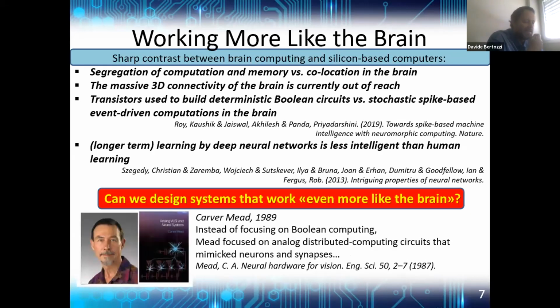Overall, we can now understand the dream of neuromorphic engineers, beginning from the pioneering work of Carver Mead in 1989. And the dream is to design systems that work even more like the brain, that is neuromorphic hardware. And this is done in order to grasp and capitalize on the secrets of the energy efficiency of the brain. In the 1980s, almost 4 decades after the invention of the transistor, Carver Mead envisioned smarter and more efficient silicon computer fabrics.